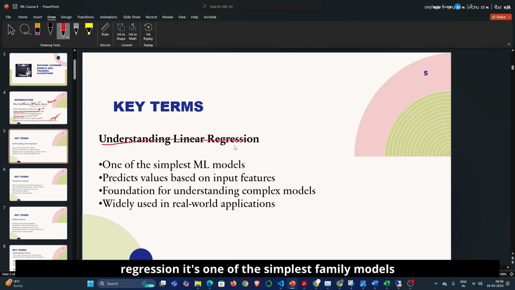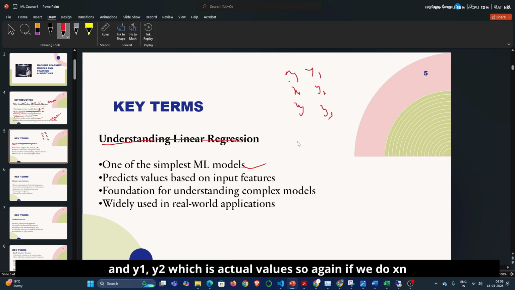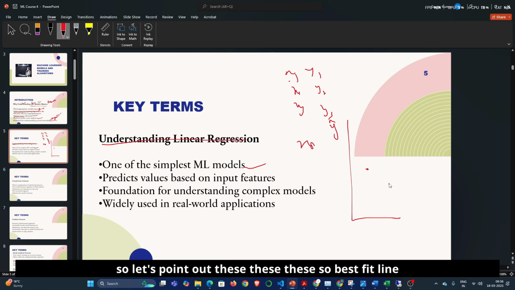So, understanding linear regression. It's one of the simplest ML models. That's true. It predicts values based on input features. So there are input features x1, x2, up to xn, and y1, y2, which are actual values, and we are going to predict the y hat. So let's say these are the points. The best fit line will be this, in which the error will be minimum.